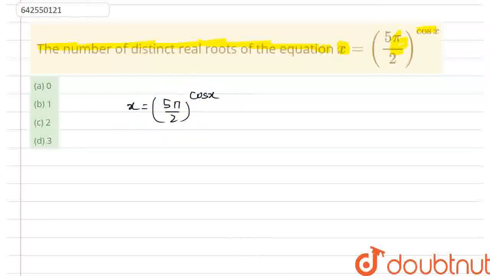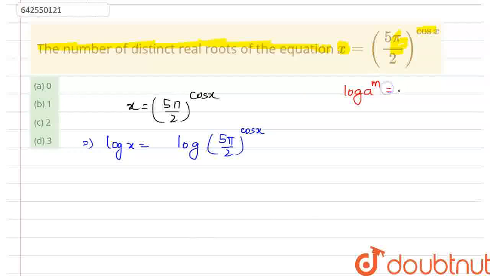Let us take log on both sides. So we will have log x on the left hand side, and here we will have log of (5π/2) to the power cos x. Now we know that log a to the power m can be written as m log a.